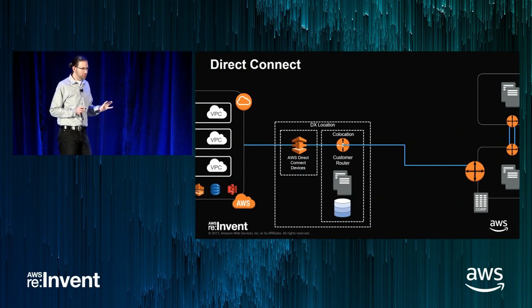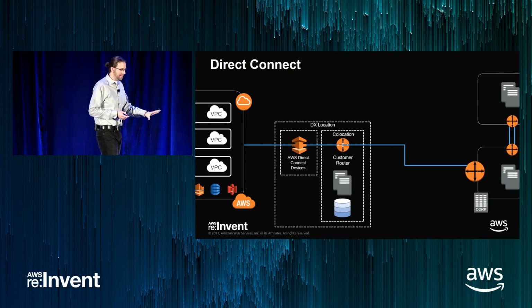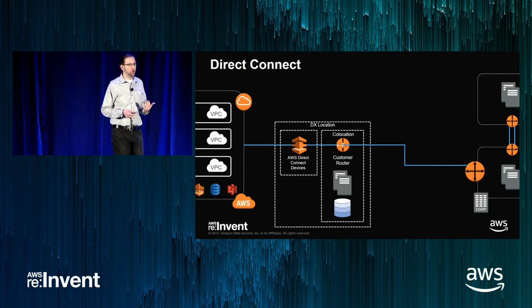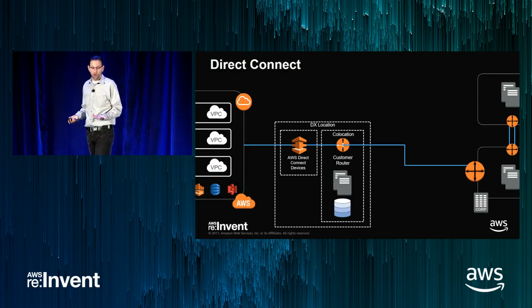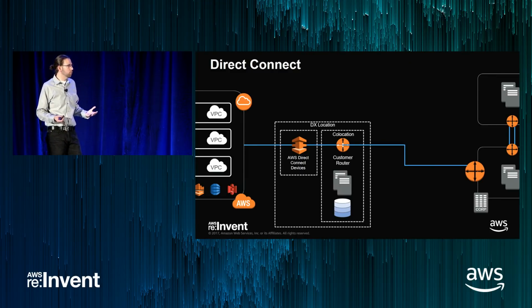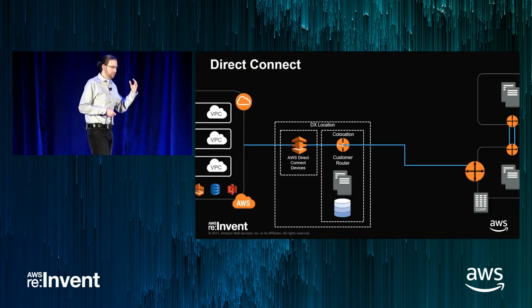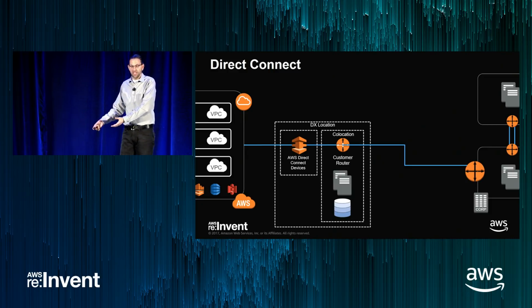And that kind of brings us to the next question, which is, let's put aside LAG for a moment. What does all of this look like in terms of resiliency, in terms of susceptibility to failure? If we think about the physical elements that are here, we can point to potential points of failure. The customer router connected by a single port, a single cross-connect, into a single port on the AWS device.